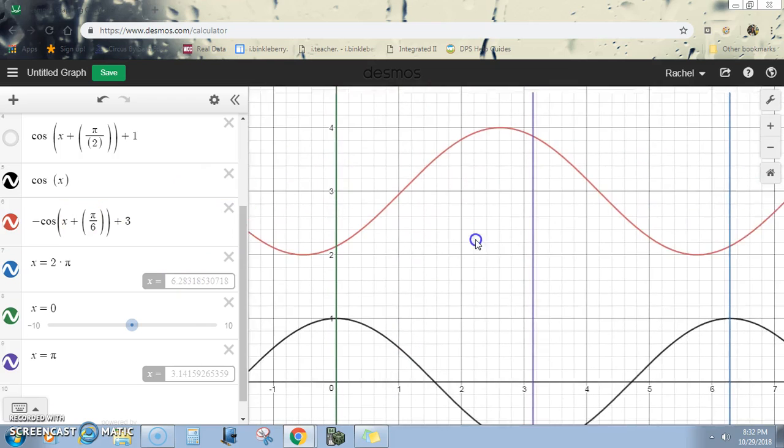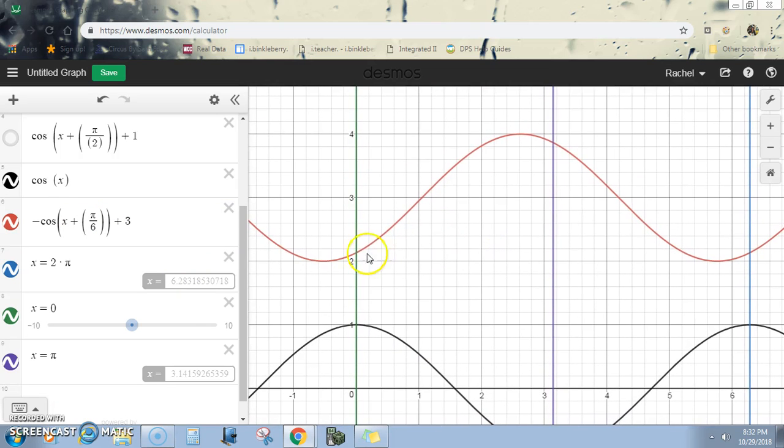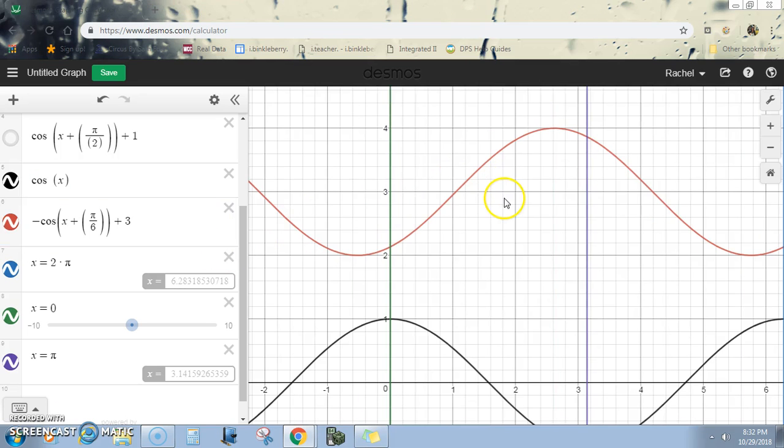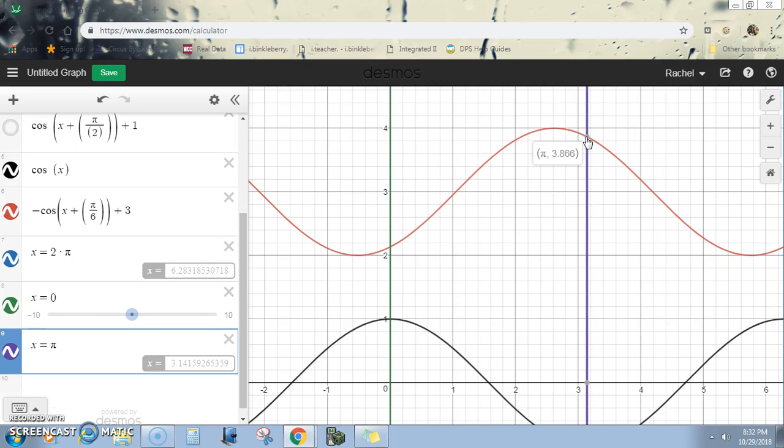Okay, so let's see, what does that look like? Okay, so 0 is approximately 2 point something. Yep, looks good. And at pi, it's approximately 3 point something. Yep, looks good. Looks like we did it.